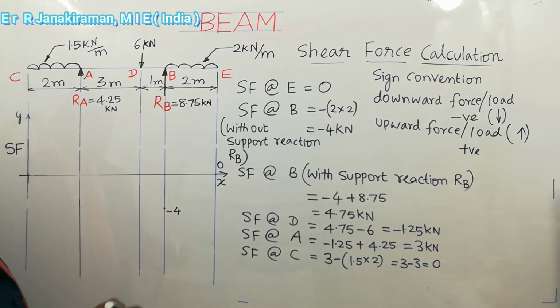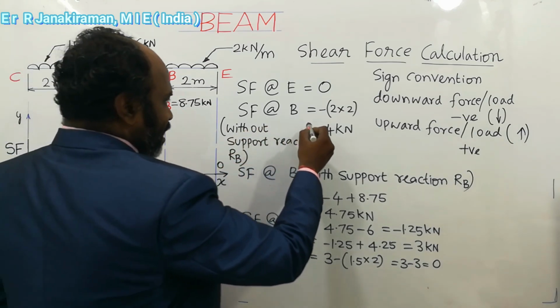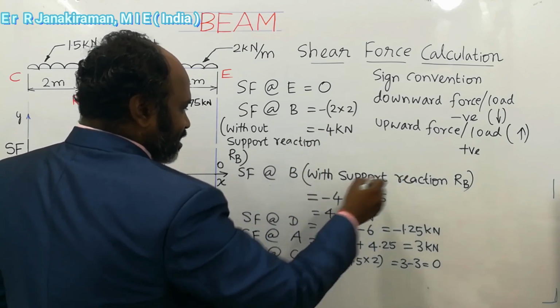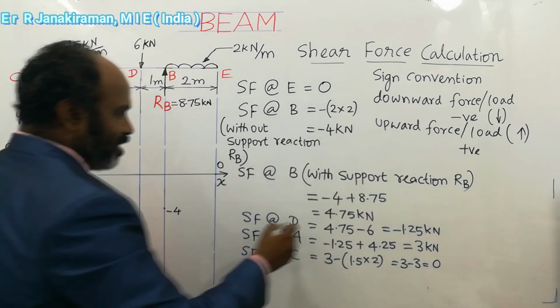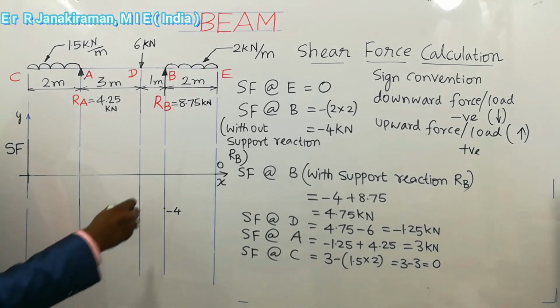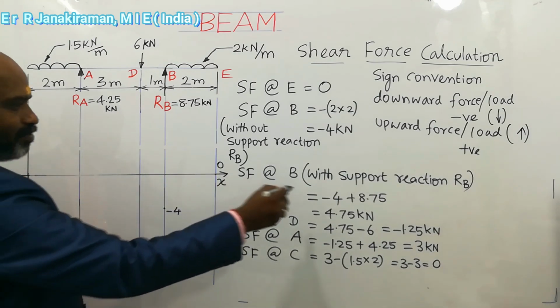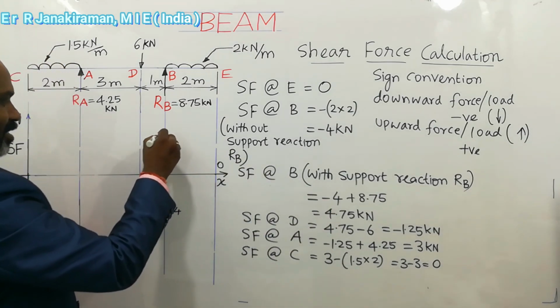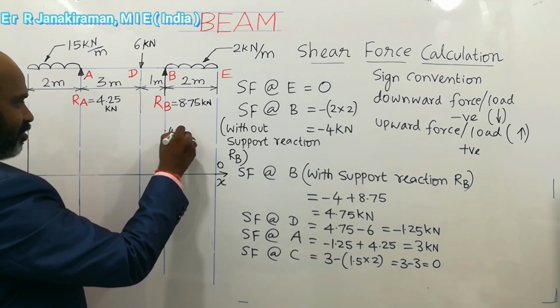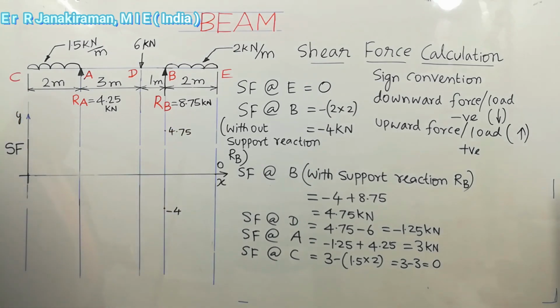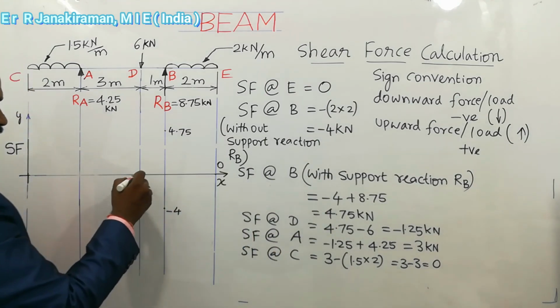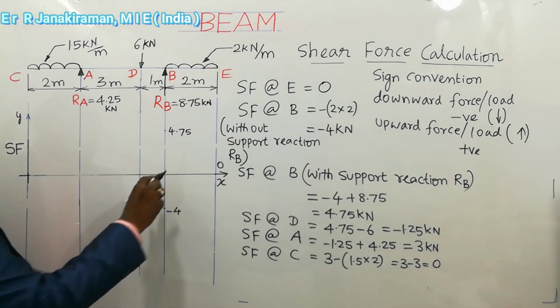Understand? Next, at point B with the support reaction, 4.75 kilonewton, this is positive at the same point B. So mark it above, 4.75. Understand? Next at point D, it is minus 1.25. Minus is below, and it is smaller than 4, that is 1.25.